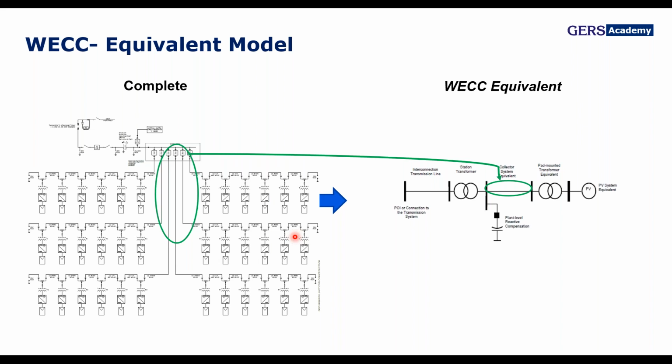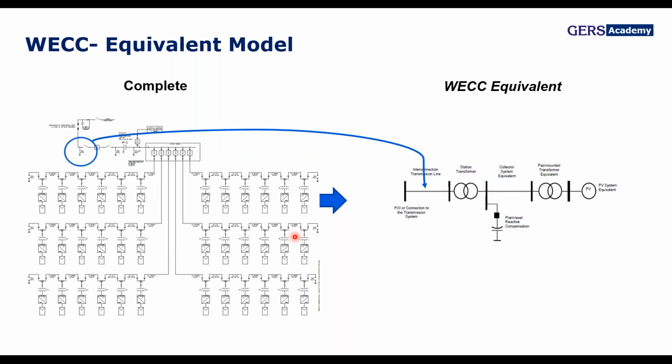I will talk a lot about that in the next slide. And finally, you will have a transmission line that just represents the interconnection line between the station and the point that has been suggested by the transmission planner. Depending on the voltage level, I'm talking about 69 kV to 230 kV or 500 kV, you will have different breaker configurations in that substation.